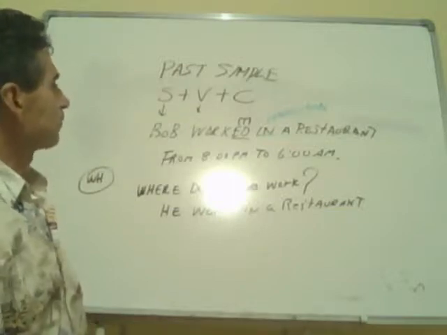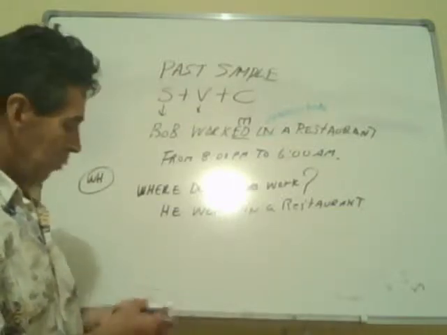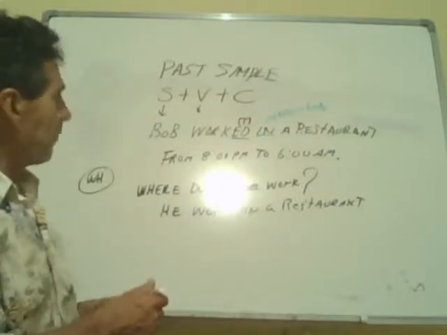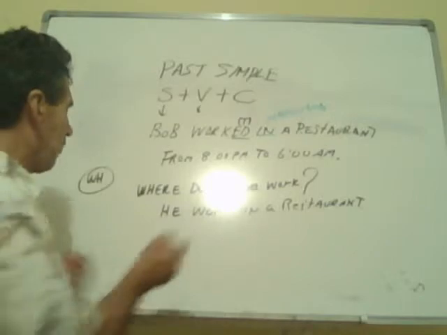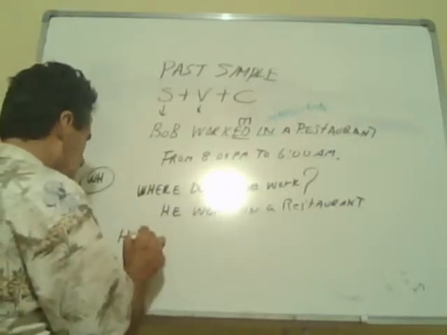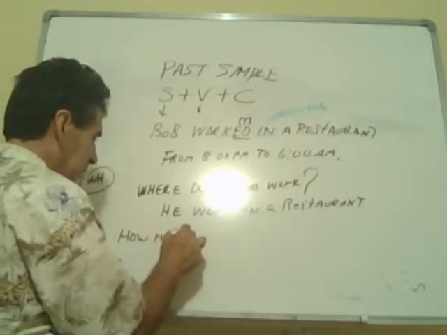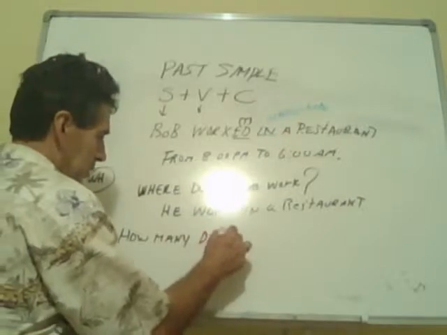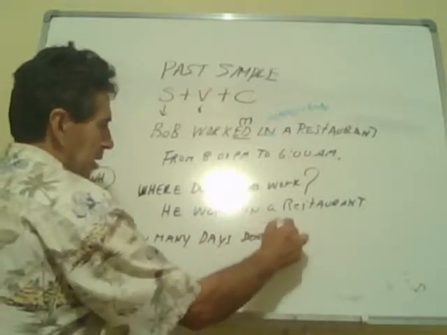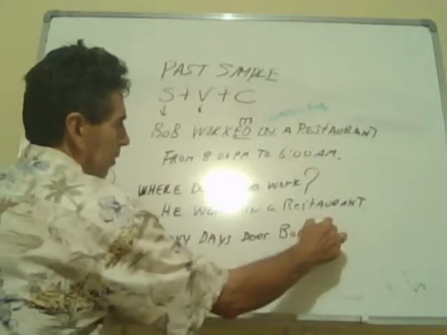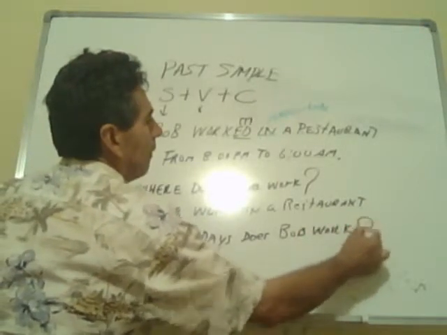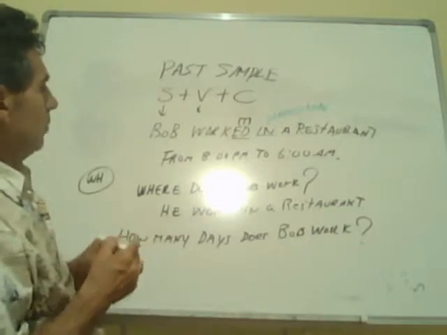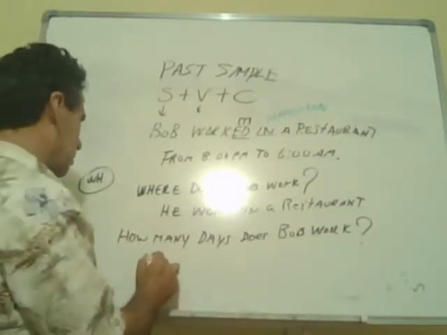That means, but what? How long? How many days does Bob work? You can also say that question. How many days does Bob work? Yeah. You can say, well, he works.